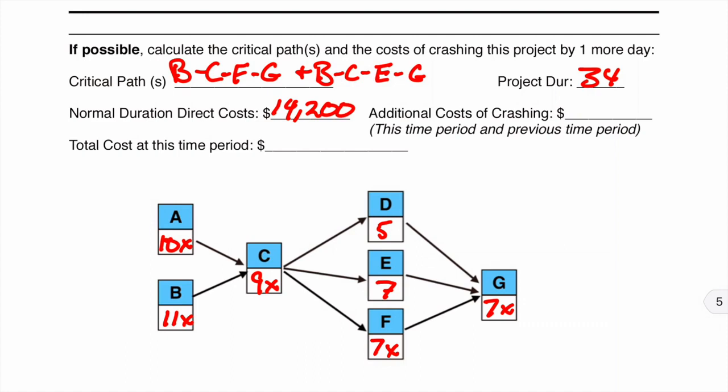We have quite a long list now of crashing costs. If I write them this way, it'll be a little bit better.